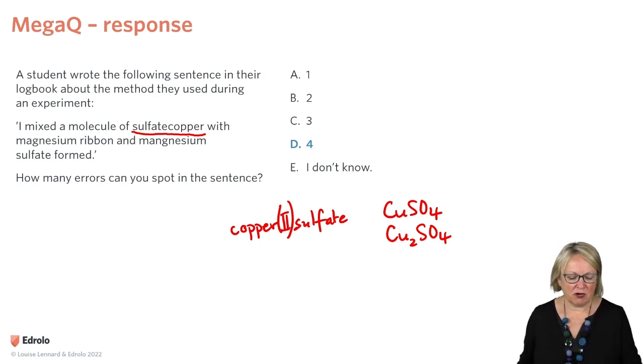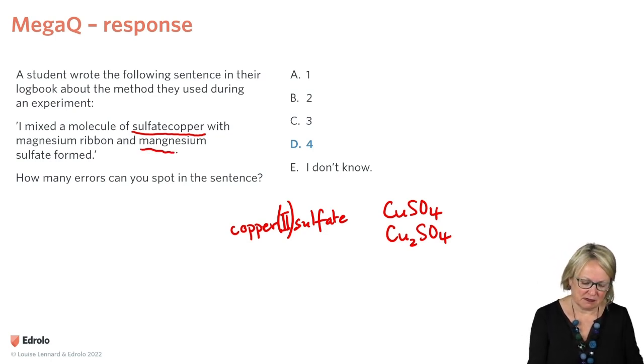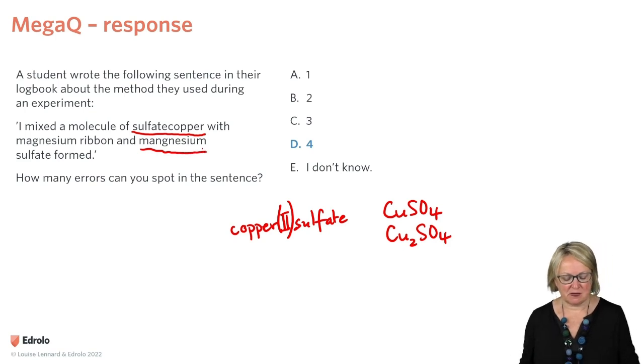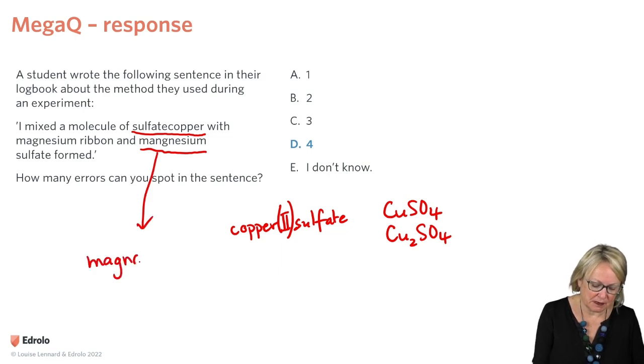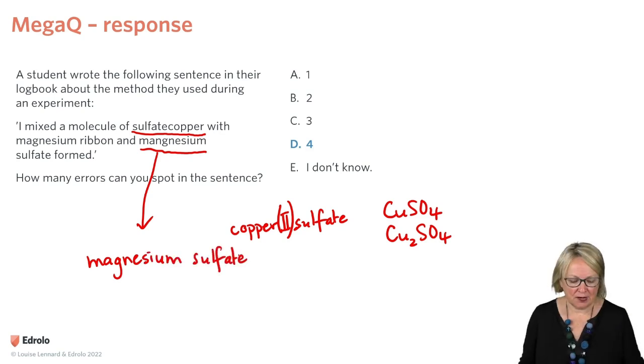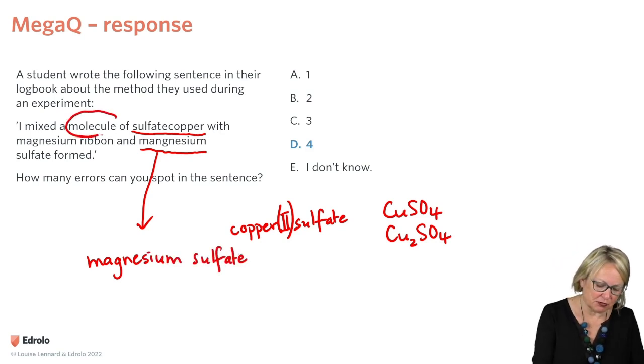with magnesium ribbon and this substance, which looks like a combination of magnesium and manganese. Now, remember spelling is really important in chemistry. So that should be magnesium, and you can use the periodic table to help you with the spelling. Okay, it also talks about a molecule.